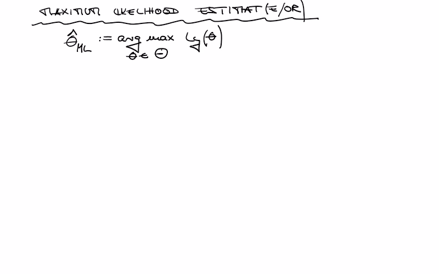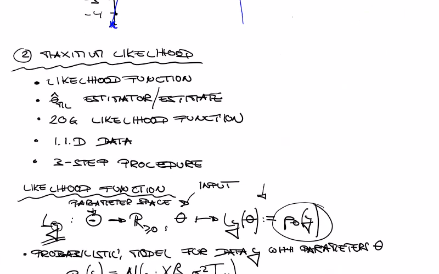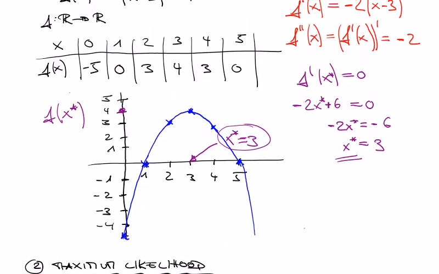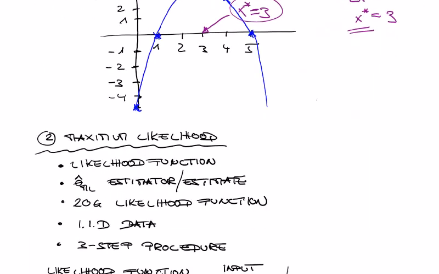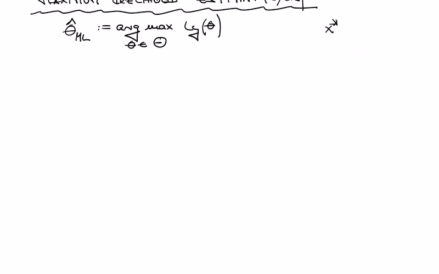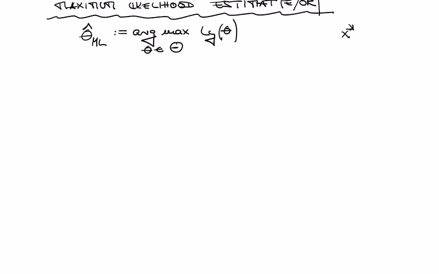What this means is essentially what we just did for the calculus refresher. We looked for a value x star that maximizes this function, and this value x star I'm now giving a name.